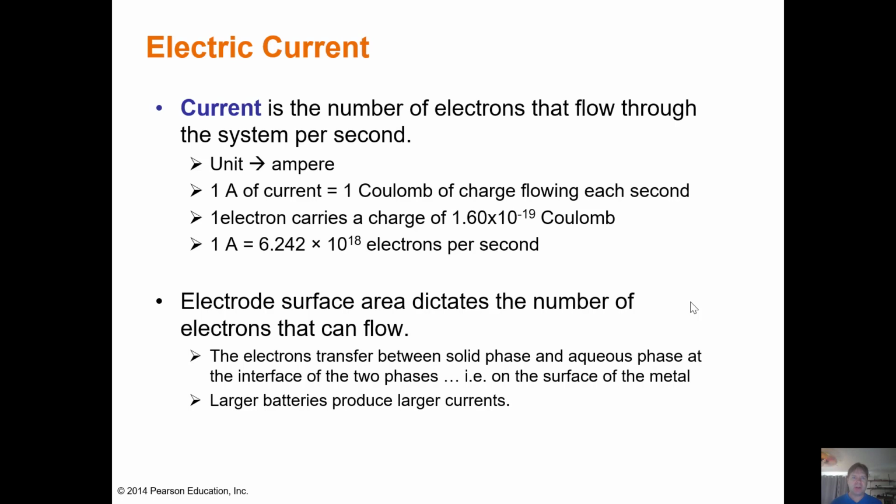If you don't have enough surface area, you're not going to provide what is necessary, so you won't have enough amps. If you don't have enough of a difference in potential energy, you won't have enough volts.